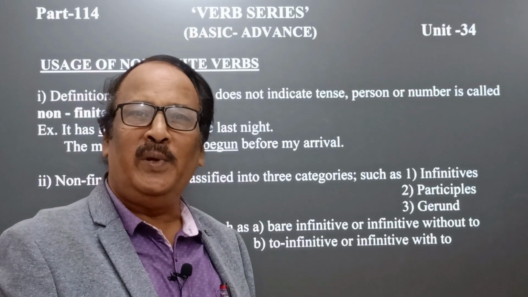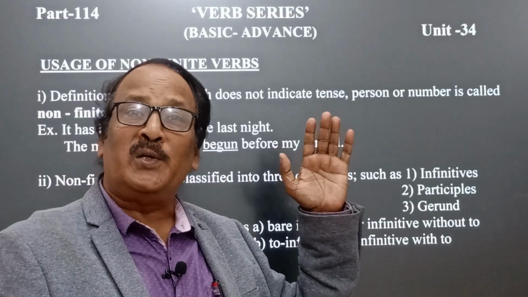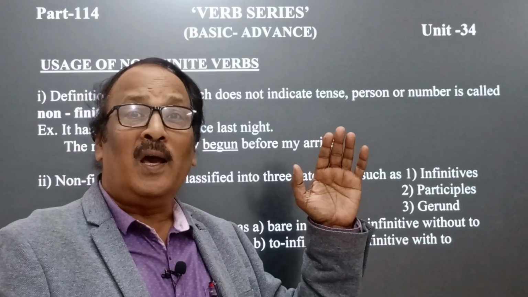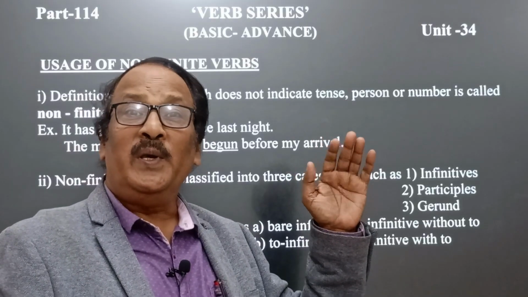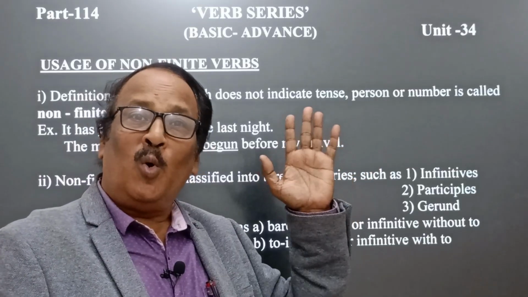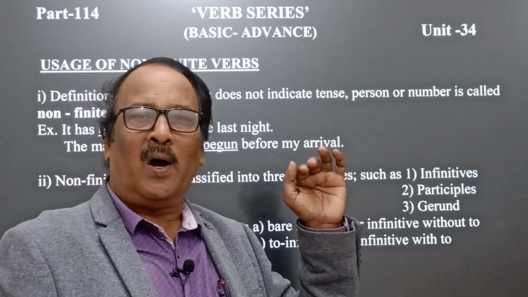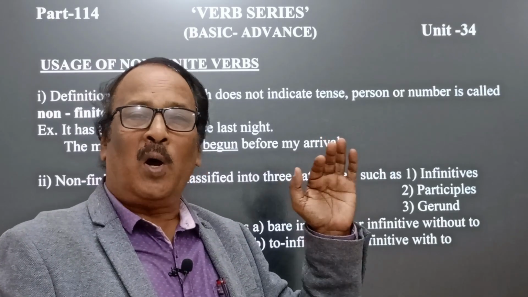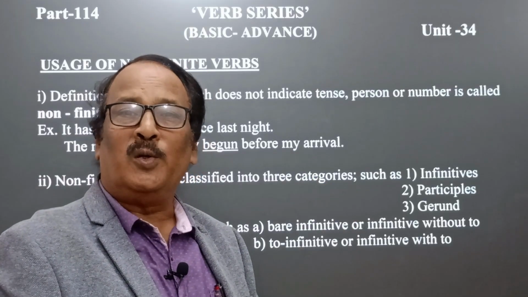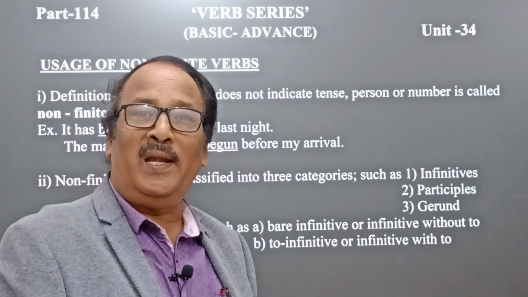In the previous units of the verb series, we have discussed very vividly regular action verbs, irregular action verbs, primary auxiliary verbs, modal auxiliary verbs, stative verbs, linking verbs, transitive verbs, and intransitive verbs. Side by side, we have also discussed finite verbs.